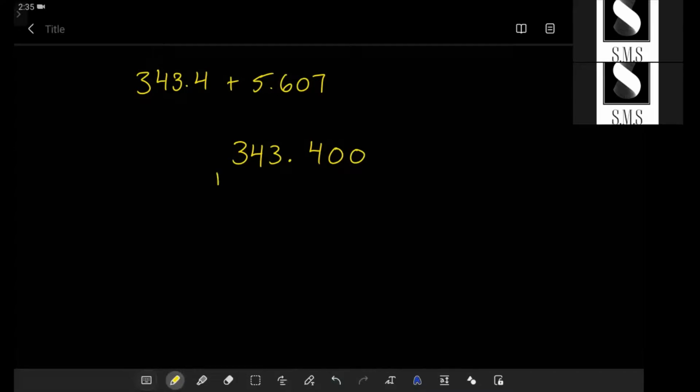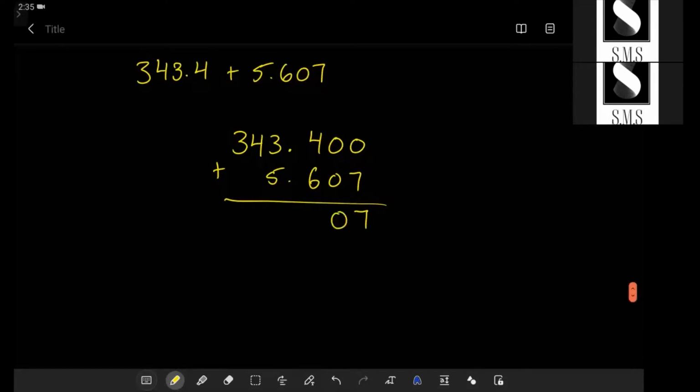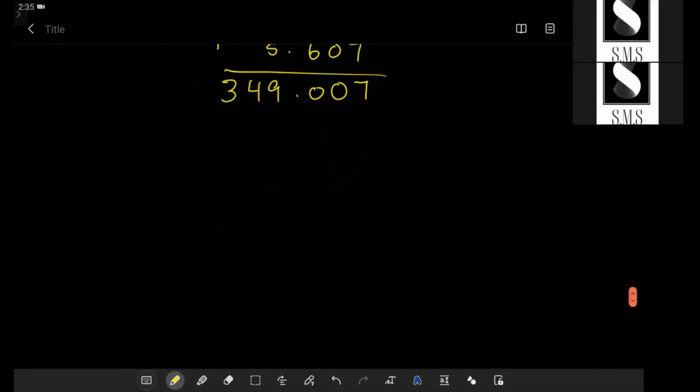So I need to add it with 5.607. So 7 plus 0 is 7, 0 plus 0 is 0, 6 plus 4 is 10. So we put the 0 here, point. We add 1. So 1 plus 3 is 4, plus 5 is 9. We bring down the 4 and the 3. And this is our answer, 349.007.